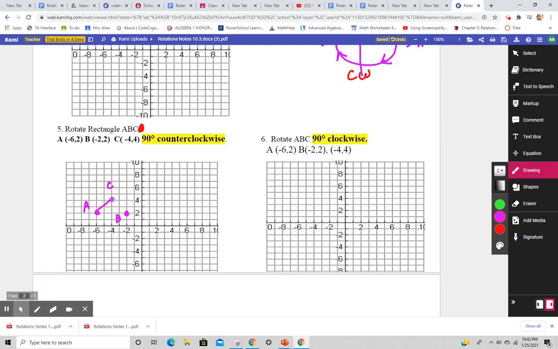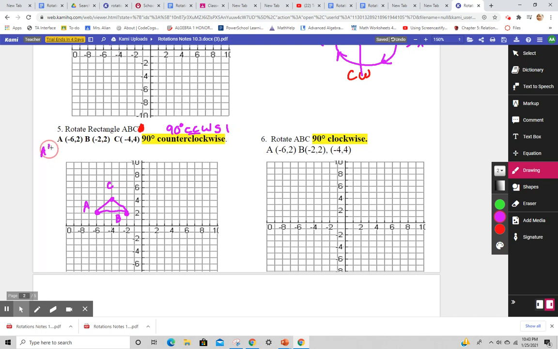And just connect. Okay, 90 degrees counterclockwise. So you write your summary note, 90 degrees counterclockwise, switch X and Y, and change the sign.